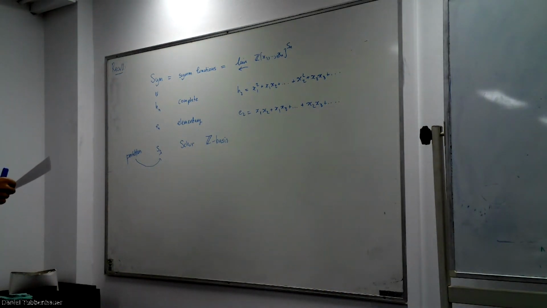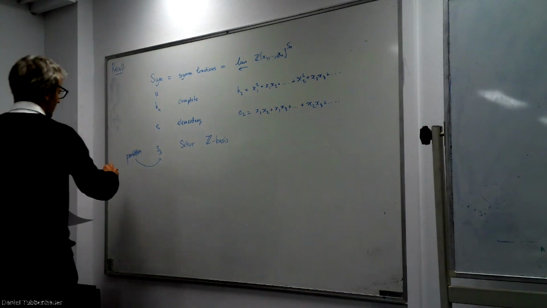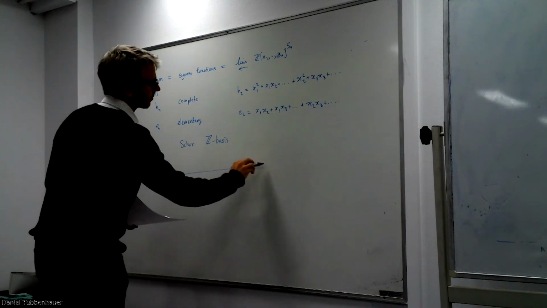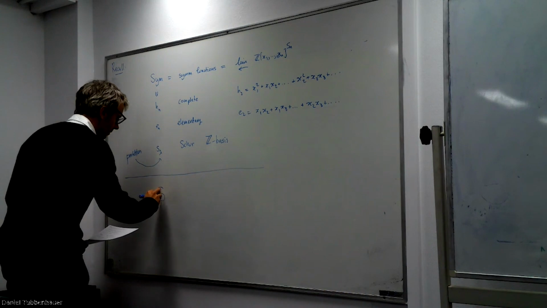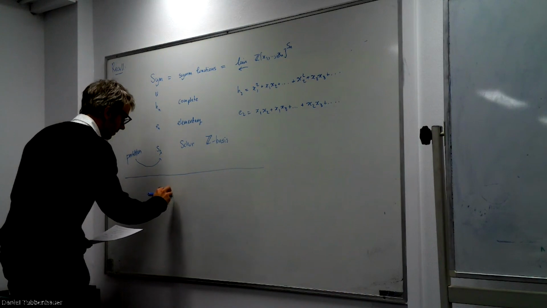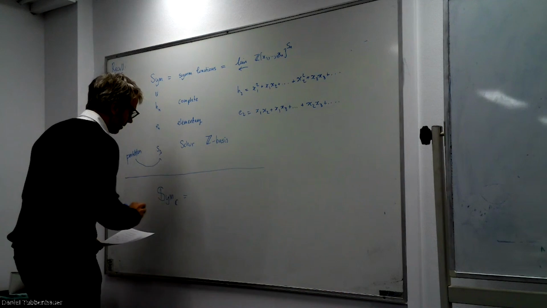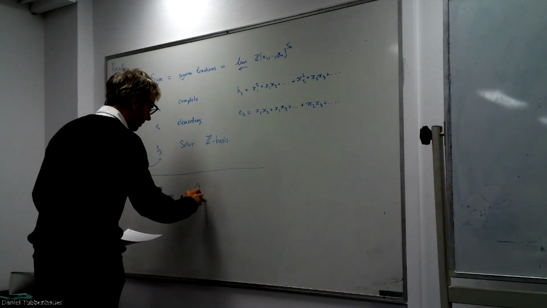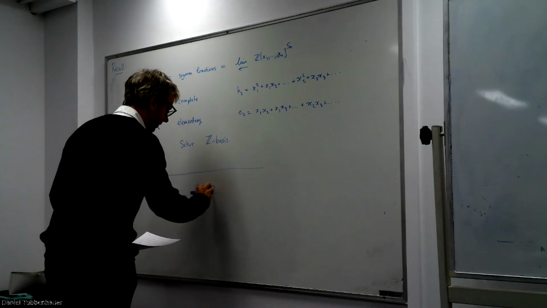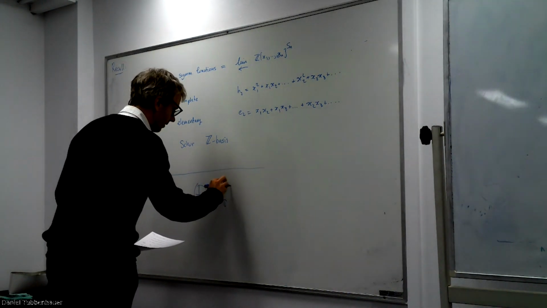And we define Sym, which has a fancy S, to be the direct sum of all the representations over C of symmetric groups.